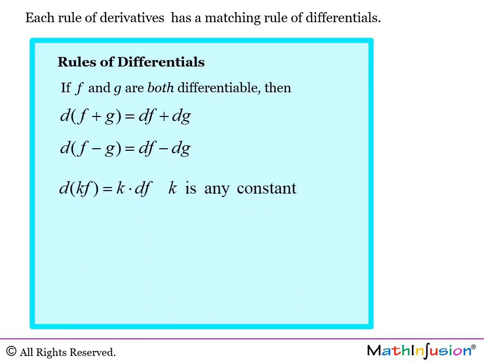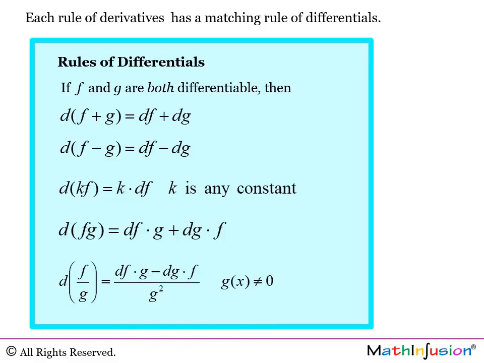The differential of k, a constant, times f is k times the differential of f. The differential of a product fg is the differential of f times g plus the differential of g times f. The differential of f over g is, look at the quotient rule, the differential of f times g minus the differential of g times f, over g to the power of 2, provided that g of x is not 0.